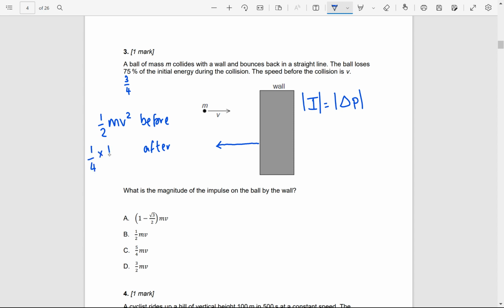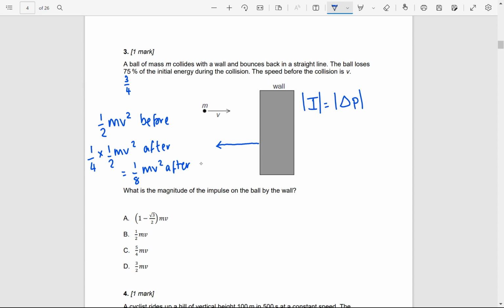So remaining, we have a quarter of the initial, which works out as an eighth mv squared. Okay, so we had a half mv squared before, an eighth mv squared after. So hopefully you can see that 4 of these go into that.